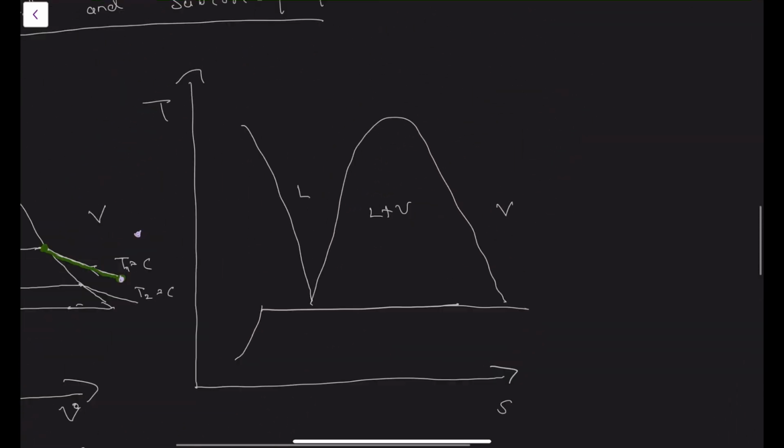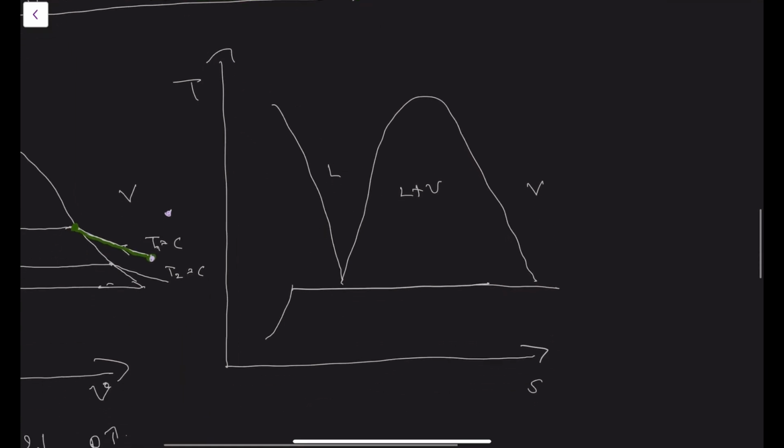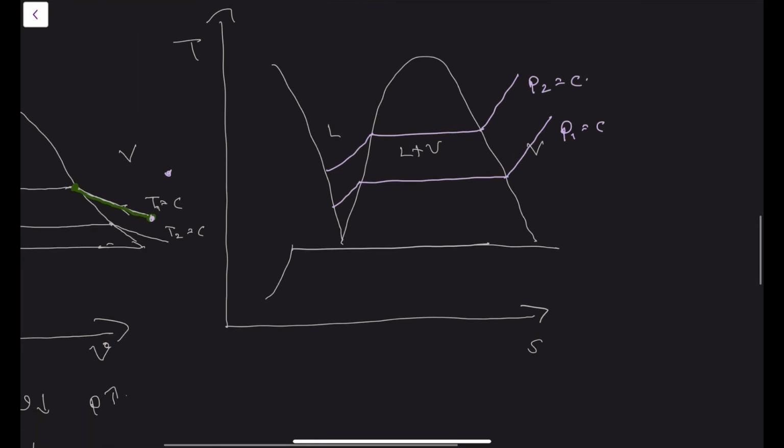So let us take the TS diagram now. For a TS diagram, we will plot the isobars, the constant pressure lines. It will be drawn like this. These are the different constant pressure lines. Let us take a substance here.